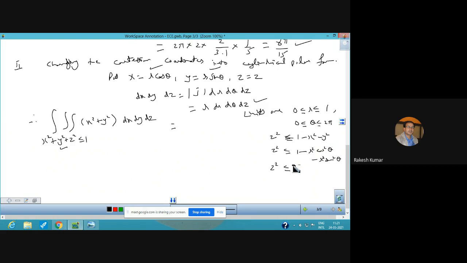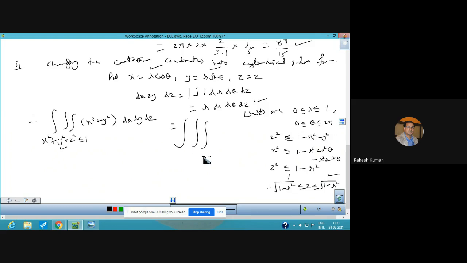So z square is less than or equal to 1 minus r square. The formula cos square theta plus sine square theta is 1 can be used. And from here, you will have minus square root of 1 minus r square less than or equal to z less than or equal to square root of 1 minus r square. So these are the limits of z.